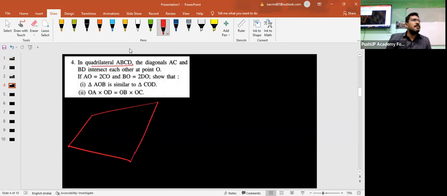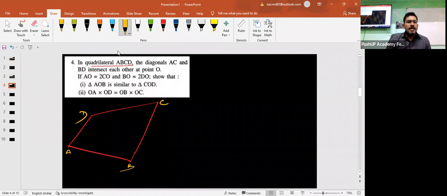I have drawn a geometrical shape with 4 different sides, A, B, C, D. You can draw the quadrilateral in whichever way you are comfortable with. It's not compulsory to follow the same figure, but 4 sides should be there.